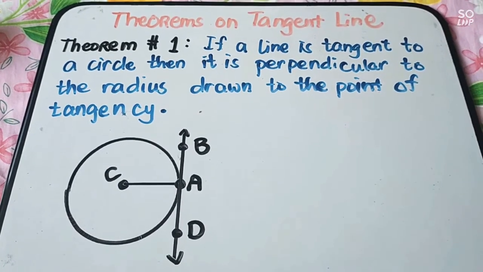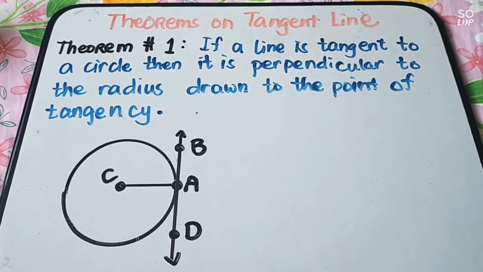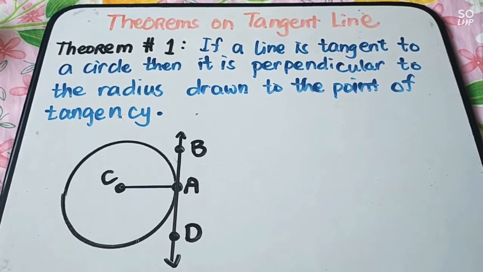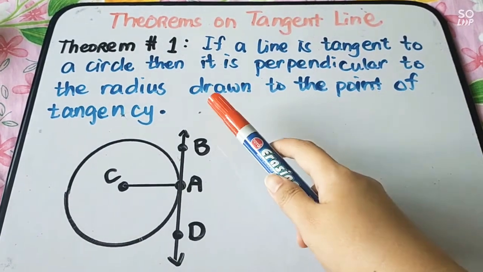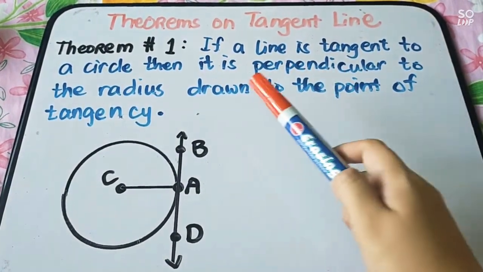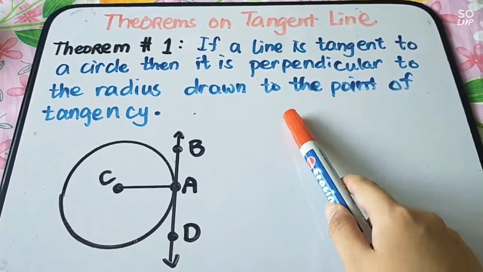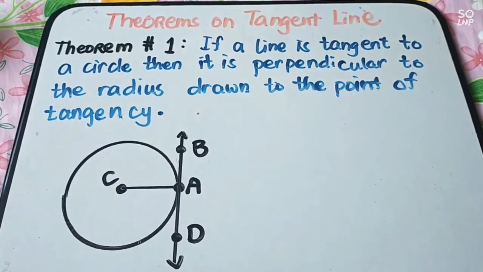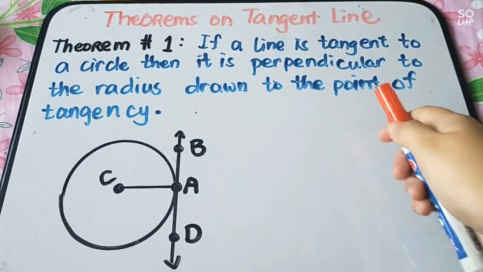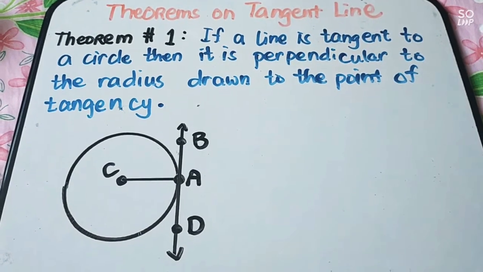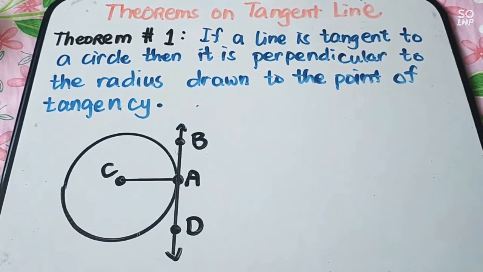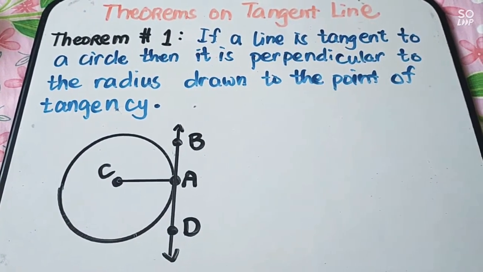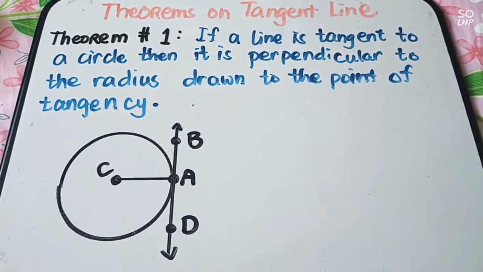Let's have theorems on tangent line. Theorem number 1. If a line is tangent to a circle, then it is perpendicular to the radius drawn to the point of tangency. If you say perpendicular, therefore, you are going to have a right triangle. Okay?